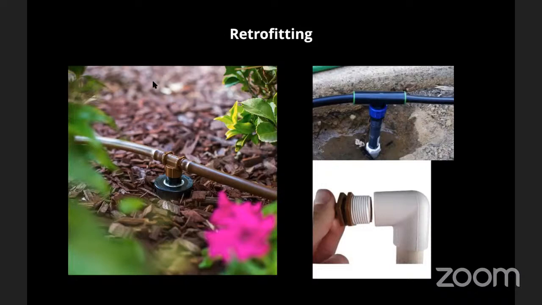So you can still reuse all of your pipe in the ground. Or if you're setting up a new system and need some solid distribution tubing, like it's coming from the valve before you get to your actual drip, you can use PVC, and then you use these threaded adapters that go from the male thread that can screw into the threads on the PVC pipe over to that barb style fitting.